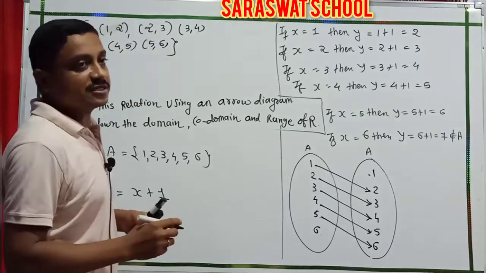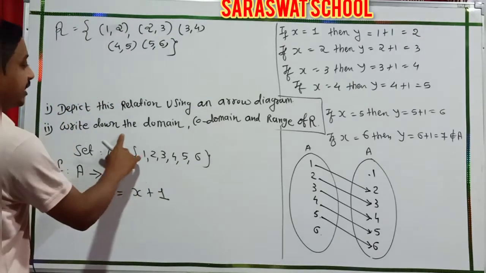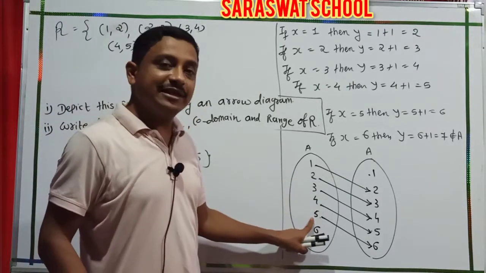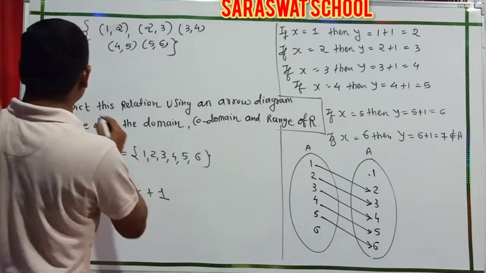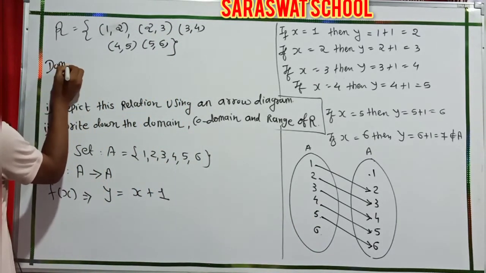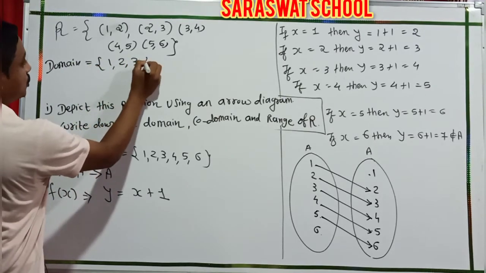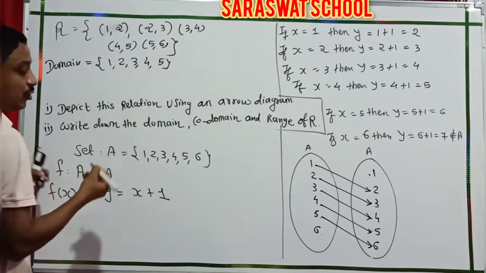That answer is ready. Now the second answer is the domain, codomain and range. Students, for the domain I utilize only 1 to 5. So my second answer, the domain, is only 1, 2, 3, 4, 5.